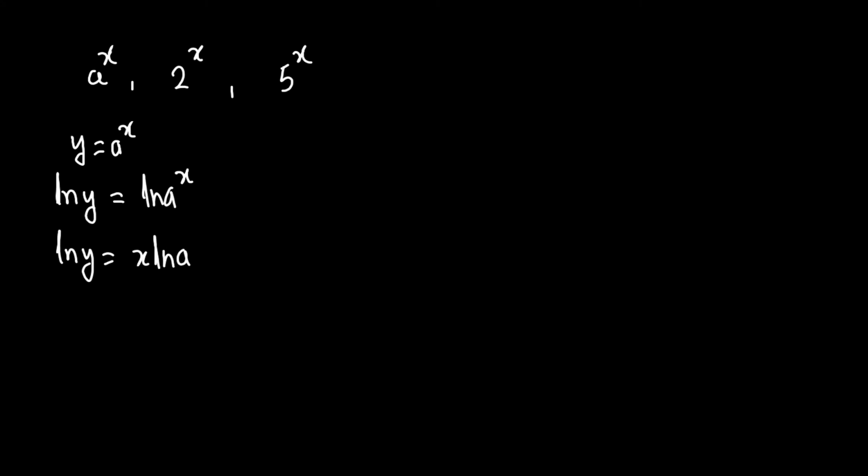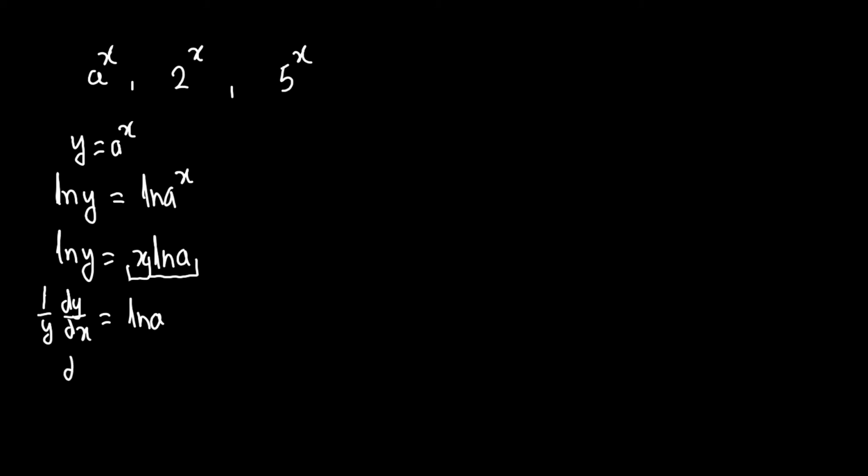Now, the way we did the implicit differentiation, if you don't know implicit differentiation, please click on the I button on the top right to see it. If we differentiate with respect to x, we can write 1 by y dy by dx equals, on the right side, only ln a, because ln a is a constant and x is a single term, so it gives us ln a.